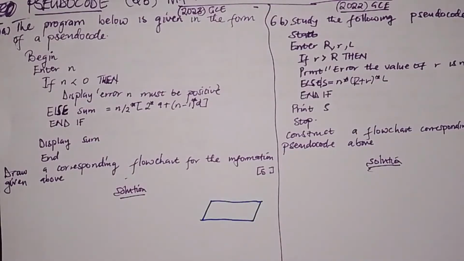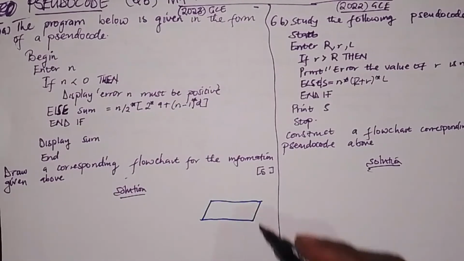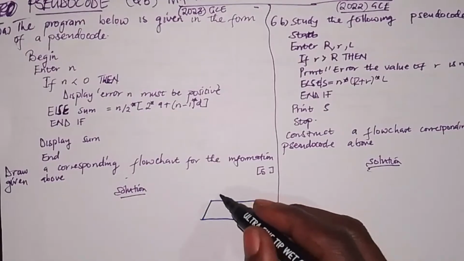What can you enter in this shape? Whenever you see this shape, you need to understand that there are only 2 things you should enter in it. What are those 2 things? The first is whenever there is display.